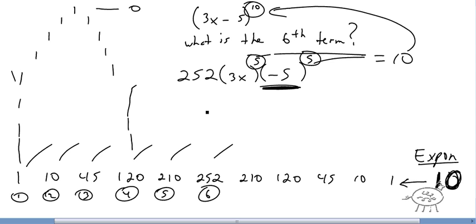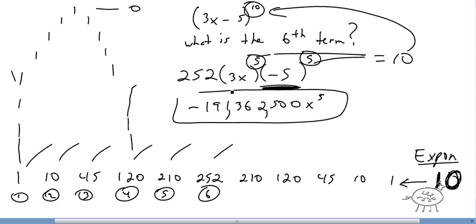So anyway, for this problem you get negative 191,362,500 x to the fifth. Okay, let's check my calculation here. That's good. That is the sixth term.